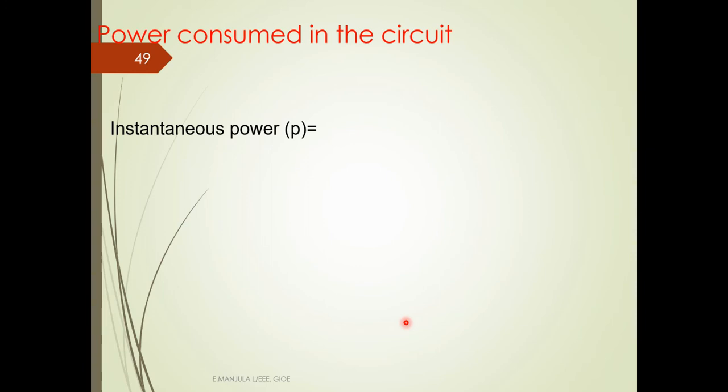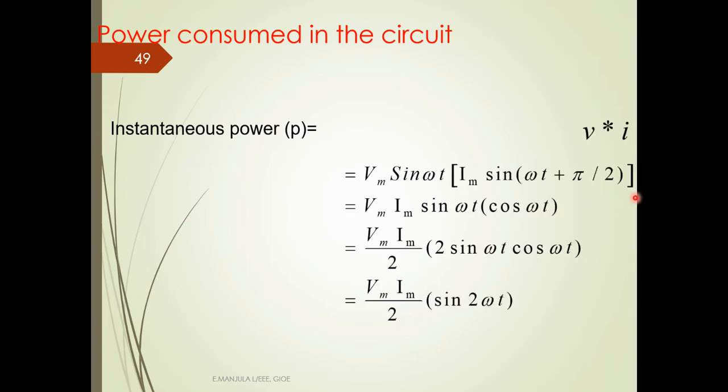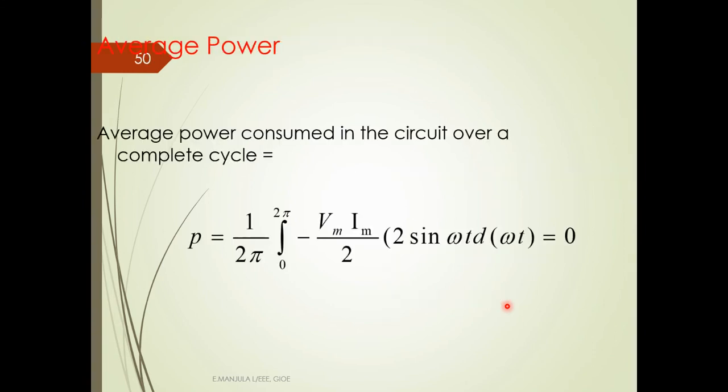So the power consumed in the circuit is v into i, which is equal to V maximum sin omega t into I maximum sin of omega t plus pi by 2. So V maximum I maximum sin omega t into cos omega t, which is V maximum I maximum by 2 into 2 sin omega t cos omega t, which gives V maximum I maximum by 2 sin 2 omega t.